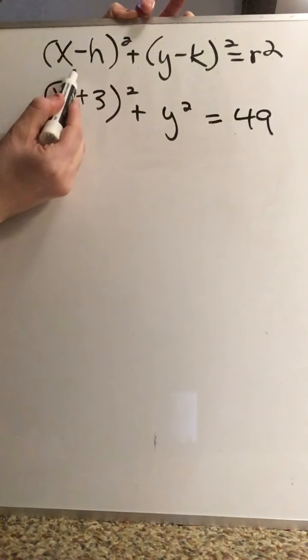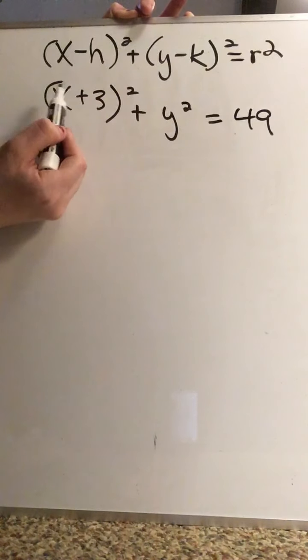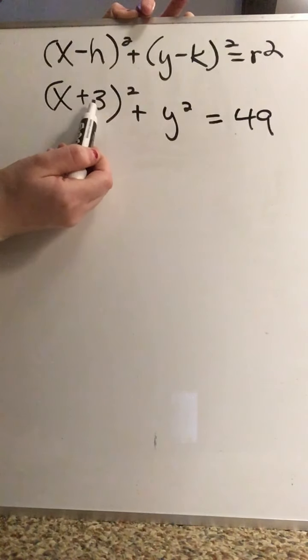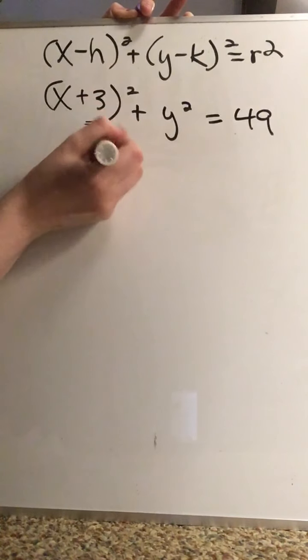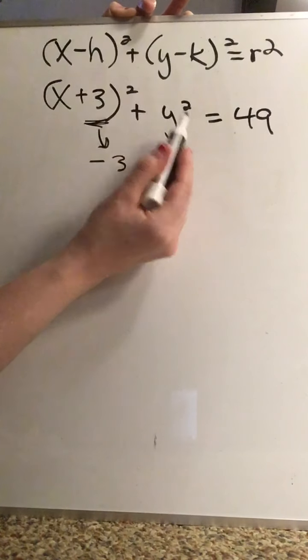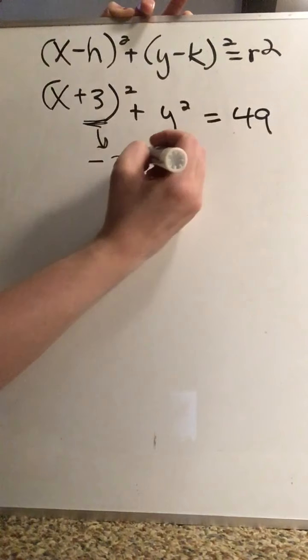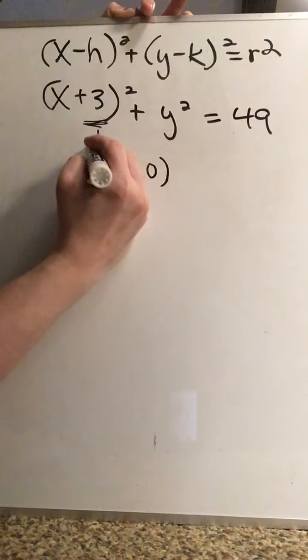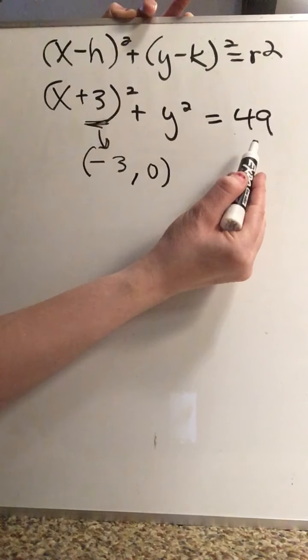I know this formula right here is supposed to say x minus h, so that means we actually have x minus -3. So this value is going to be -3. Now over here we have y squared. We're not adding or subtracting anything, so that means the y value of your center is 0. And then lastly, the square root of 49 for your radius is 7.